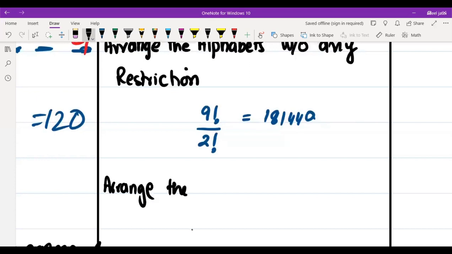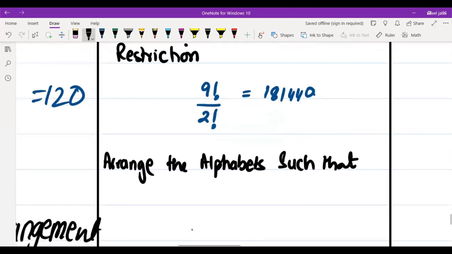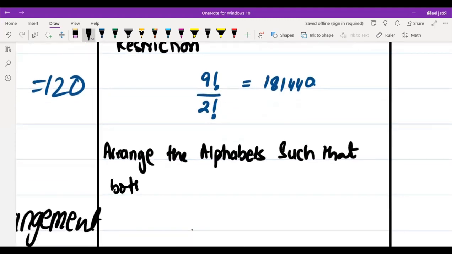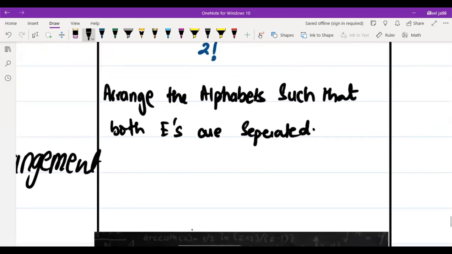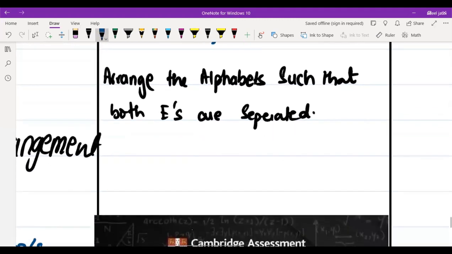Then moving on, if I just say arrange the alphabets such that both E's are separated. Now, when both E's are separated, we have 9 alphabets.